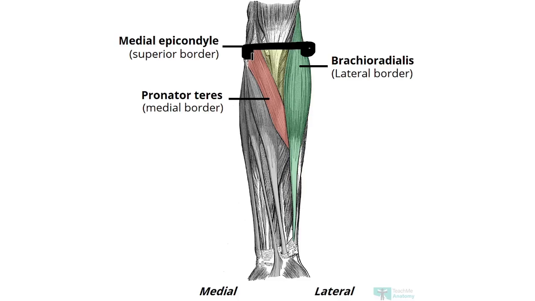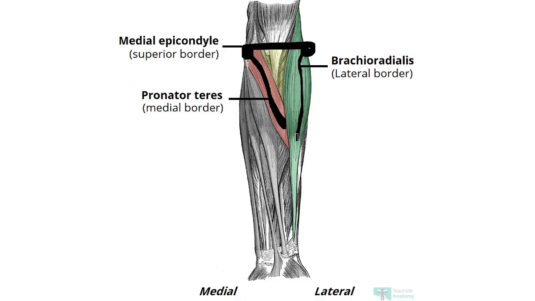Then the other borders are provided by two forearm muscles. We have already gone through these forearm muscles as well. One is the medial forearm muscle, the pronator teres, whereas the second is the lateral forearm muscle that comes from the lateral aspect of the humerus, the brachioradialis.